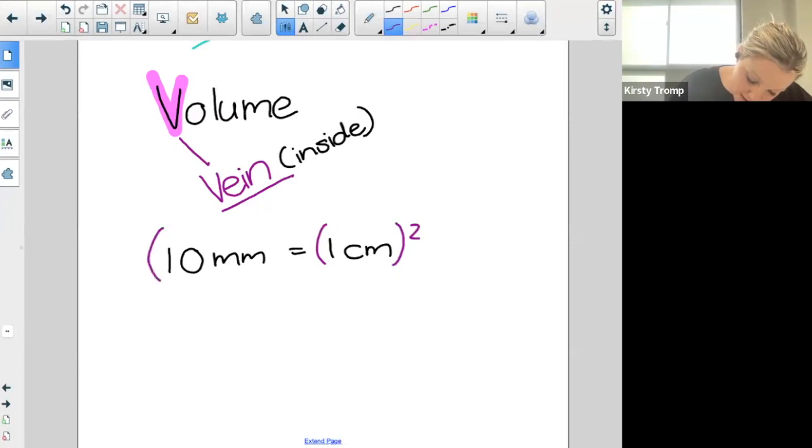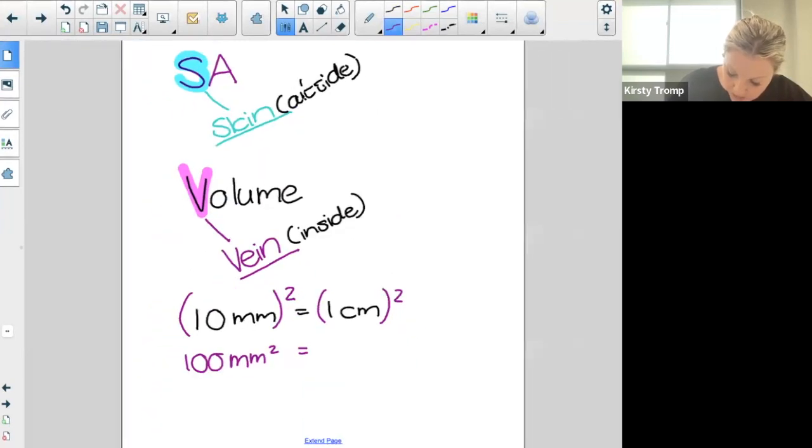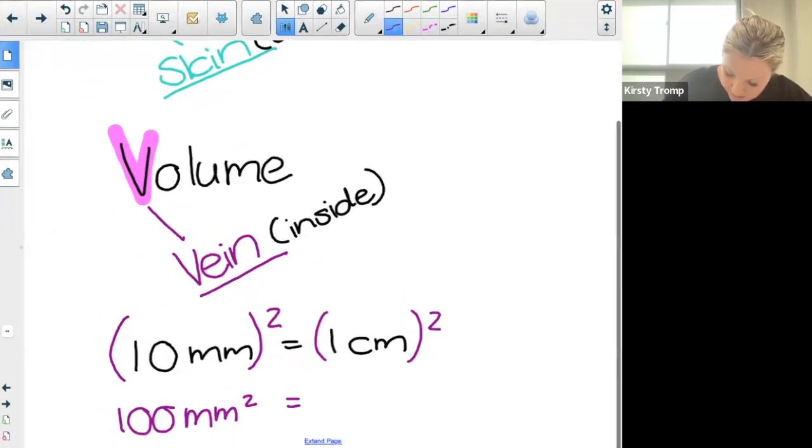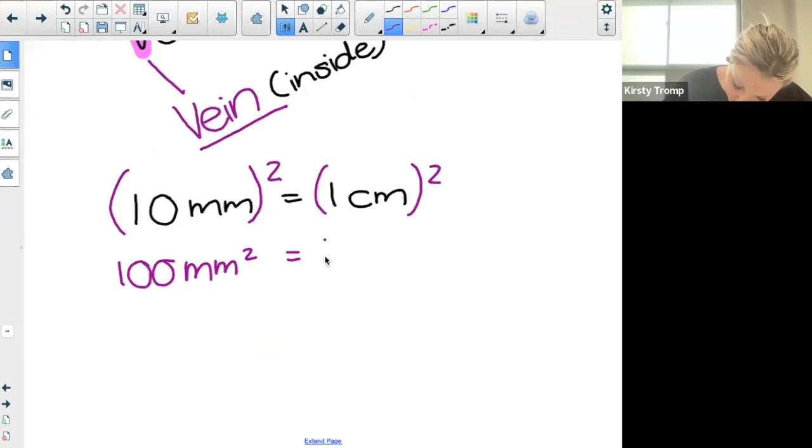Whatever we do to that side, we must do to this side. So 10 squared is 100 millimeters squared, and 1 squared is 1 centimeter squared.